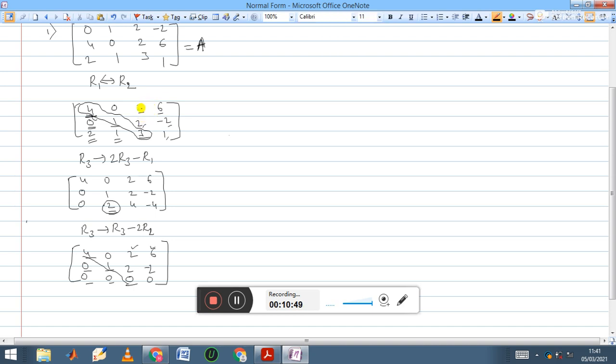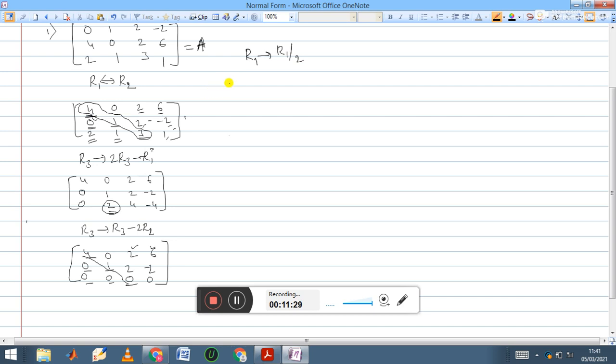Here one more thing you can do: if you observe the first row elements, 4, 0, 2, 6, all are multiples of 2. Then you better divide the first row by 2, and you get very simple elements. Here we can use the operation R1 implies R1 by 2. You are dividing the complete row 1 by 2.